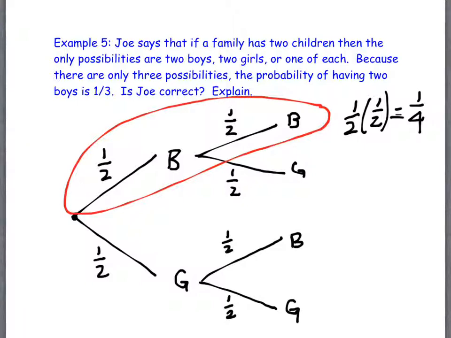Why was it 1/4 when he thought it would be 1/3? What's going on? You can have the children in different order, like boy, girl. Right. So the ordering is different. Namely, there are actually 4 possibilities.